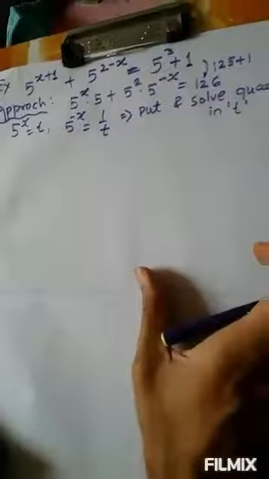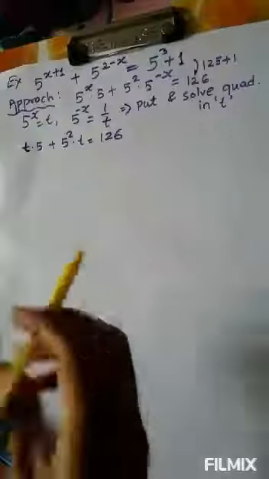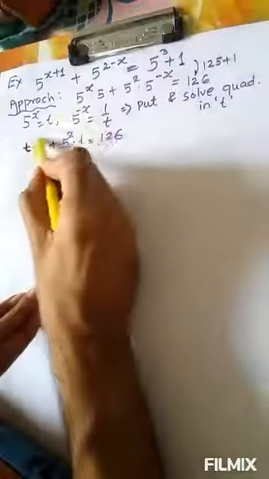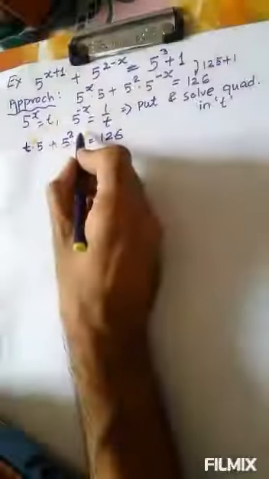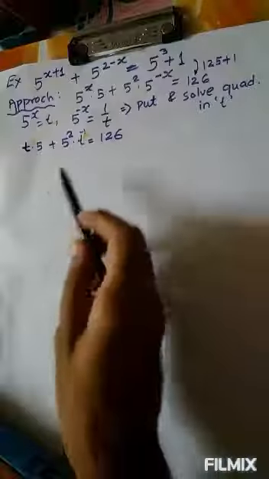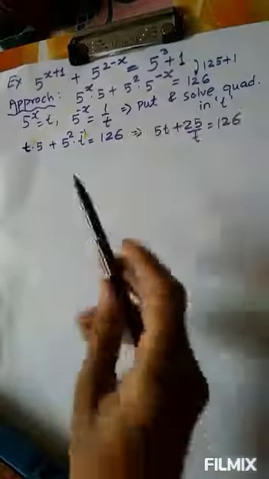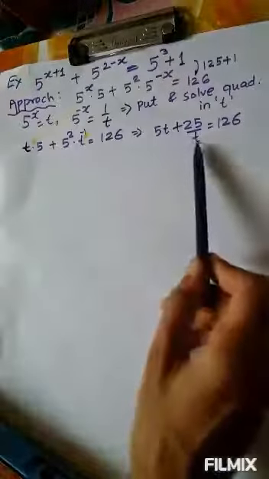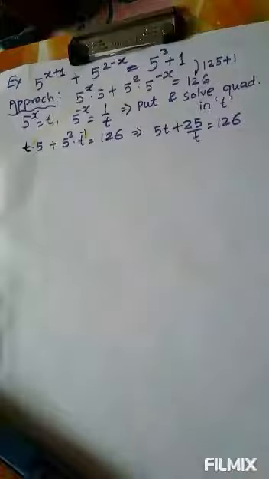Now if we assume 5 to the power x is t, then 5 to the power minus x becomes 1 by t. We will put that in the equation, and when we solve we get a quadratic in t. So the equation reduces to 5t plus 25 times t to the power minus 1, which is 1 by t, equals 126.